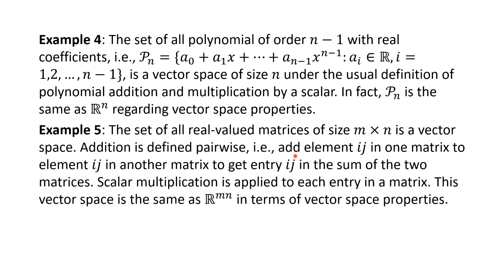So it looks very much like R^(mn), because you have m times n entries in your matrix in this vector space, and this would be isomorphic to R^(mn). So again, it's a vector space. You may want to go through and check some of the axioms, but you'll find that they all hold true.